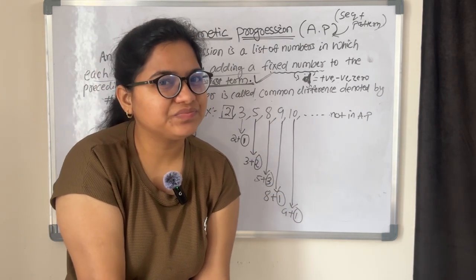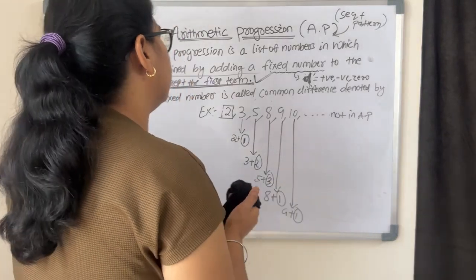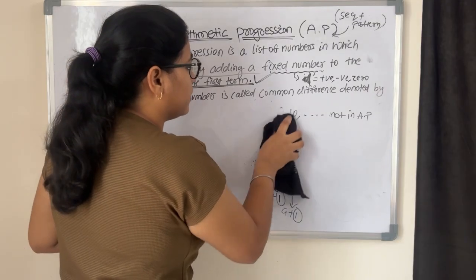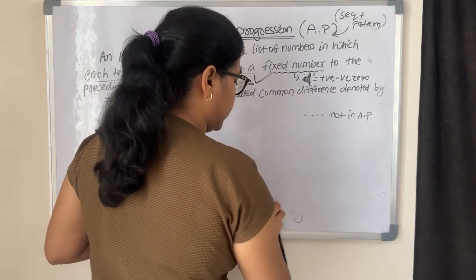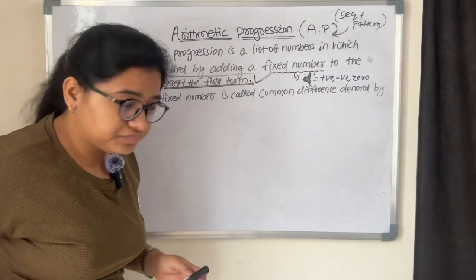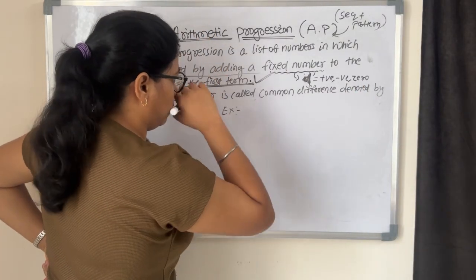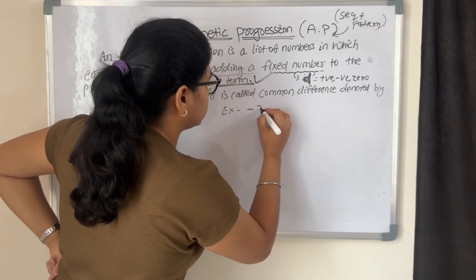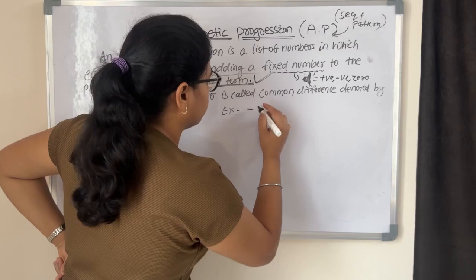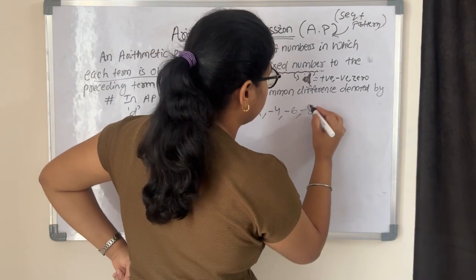Are you there? Okay. So now let me give you some examples where the common difference D is negative and 0 too. See, first example I will give you: minus 2, minus 4, minus 6, minus 8 and so on.